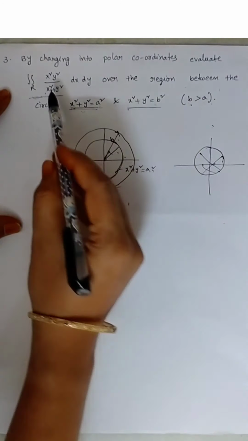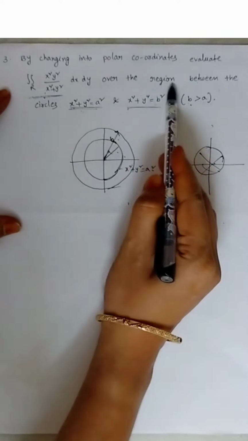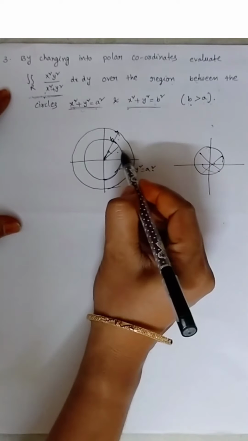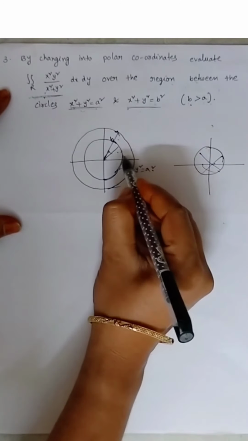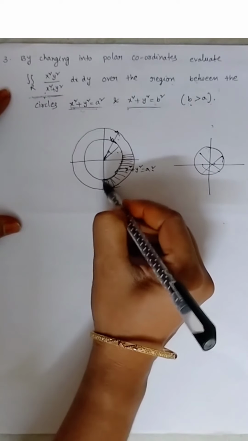Now we have to integrate with respect to the region between the circles. This is one circle, this is the second circle, and between these circles is the region.